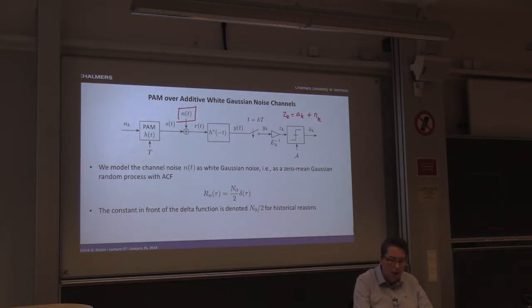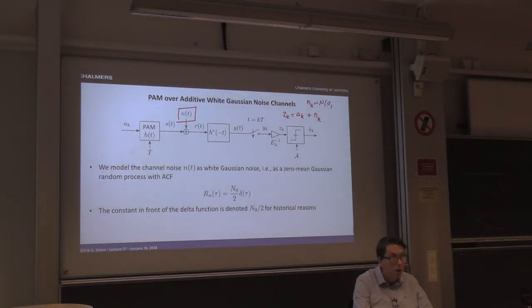And later on we will show that NK is a Gaussian random variable with 0 mean and some variance sigma squared. And the issue now is to figure out what sigma squared is.